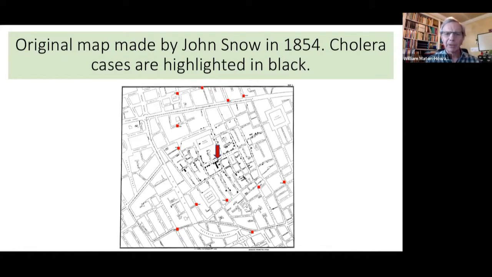We have to remember that in the early 1800s, sanitation was very poor. Water wasn't being distributed directly to the homes. And right in the center here, with this arrow, I've shown the water pump that was on Broad Street. And this was highly suggestive that the cholera cases were somewhat linked to the water distribution from this pump.